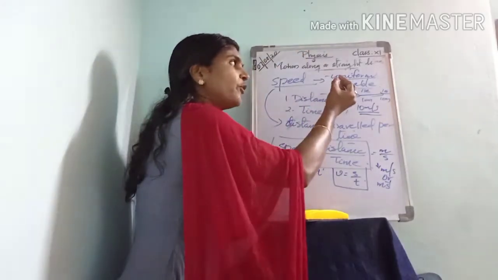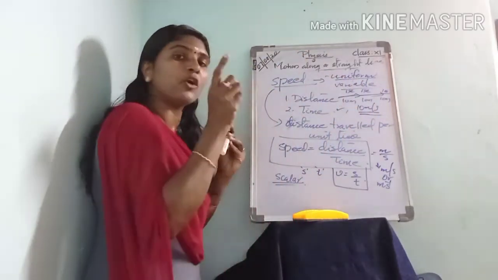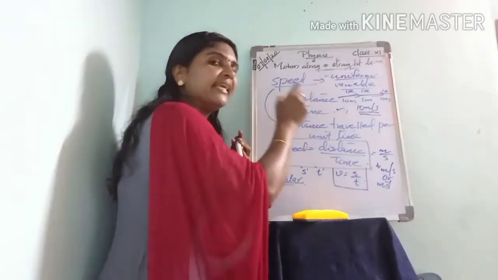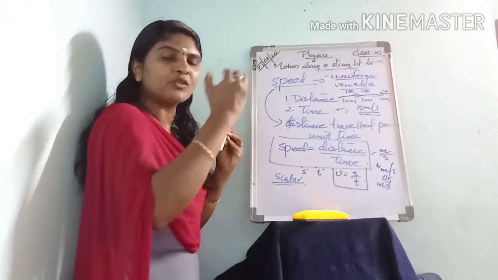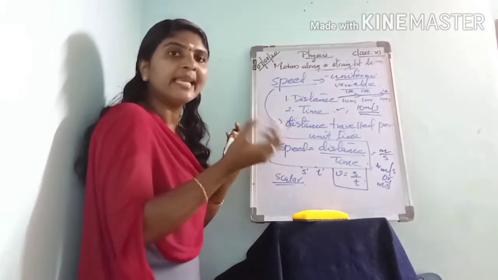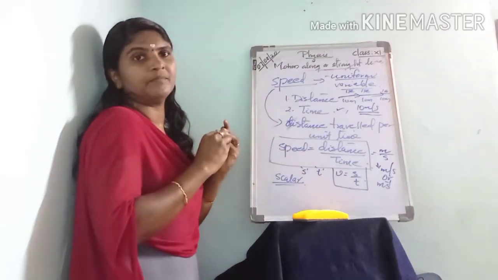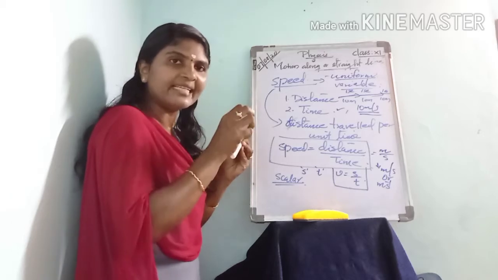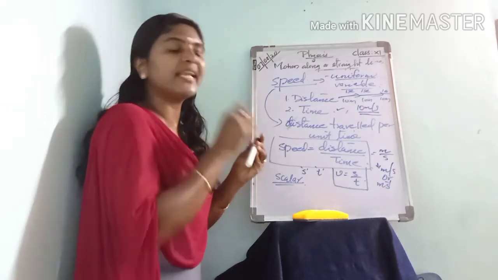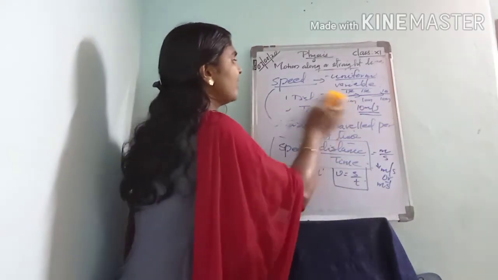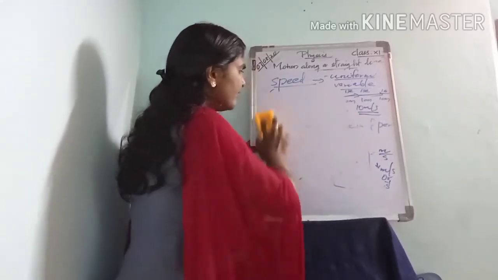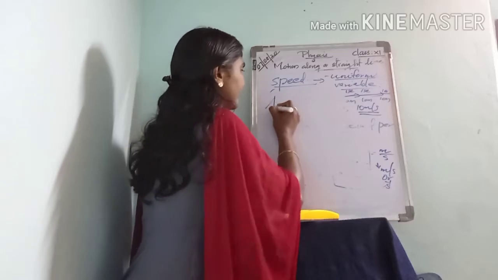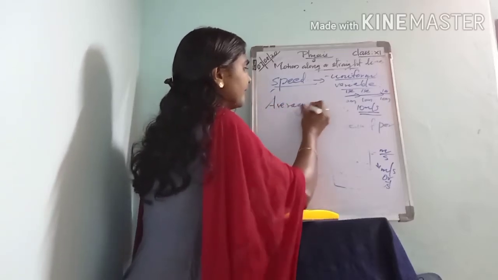If the object is in non-uniform motion, the speed is not constant, it varies. That means the object does not cover equal distances in equal intervals of time. In that case we have to find the average speed. The next topic is average speed.